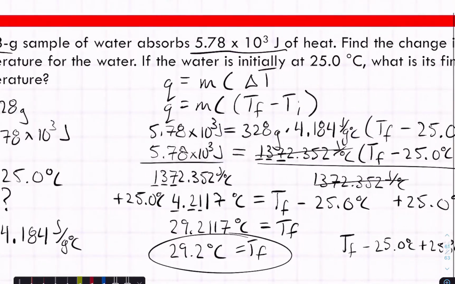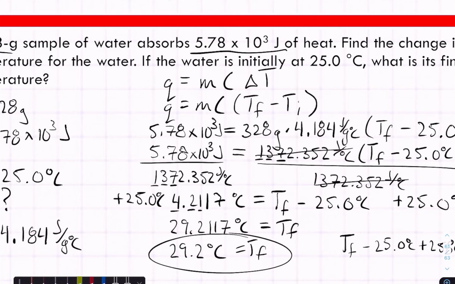So it's kind of like the equals is the middle of a scale. We can't just add 25 to one side because now it's not equal anymore. But if we add it to both sides, those scales are still equal. We're just putting more on both sides. And then for dividing or multiplying, we're doing the same thing.